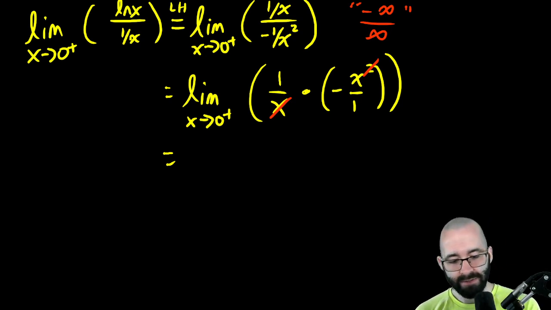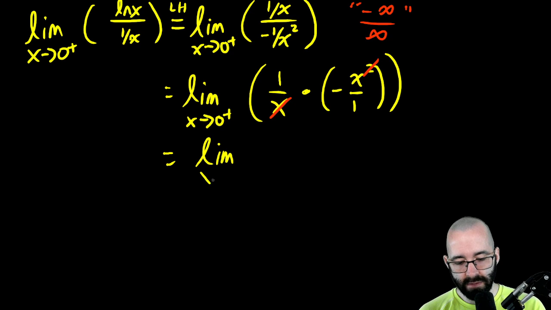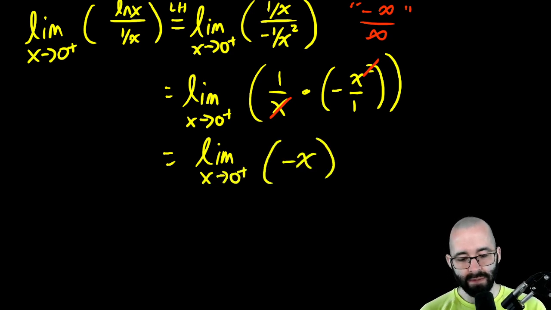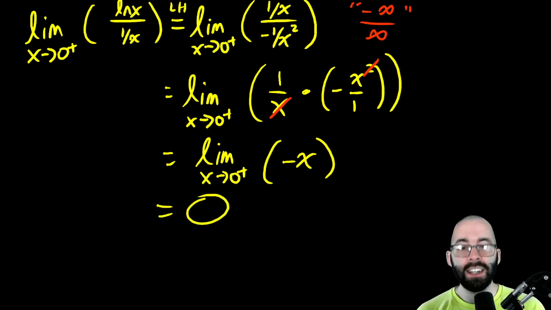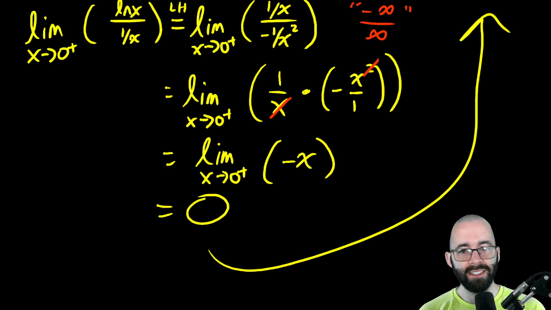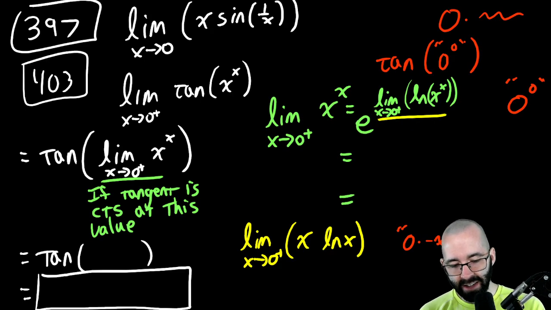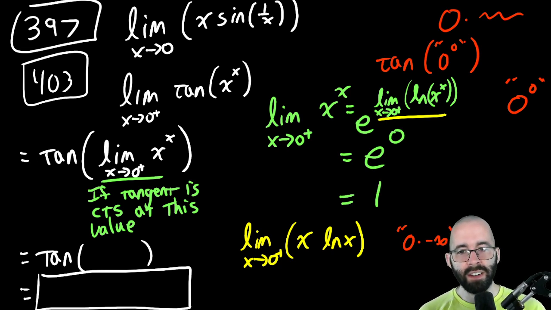Just negative x. So as x goes to 0, the yellow limit is 0. So let's go back and plug that in. The yellow limit is 0, which turns this green limit into e to the 0, which is 1.